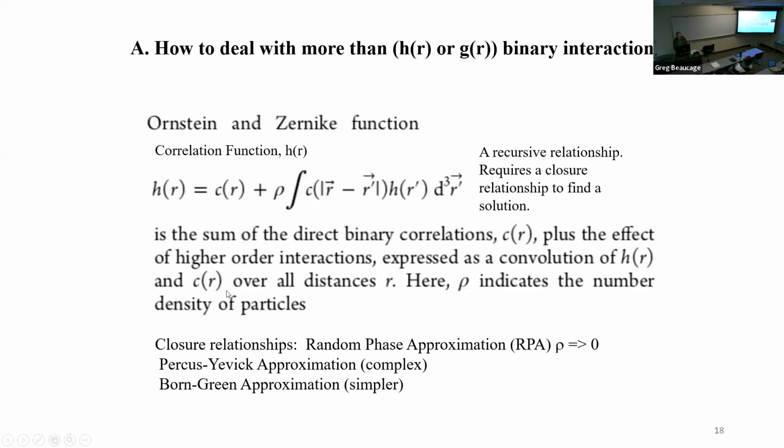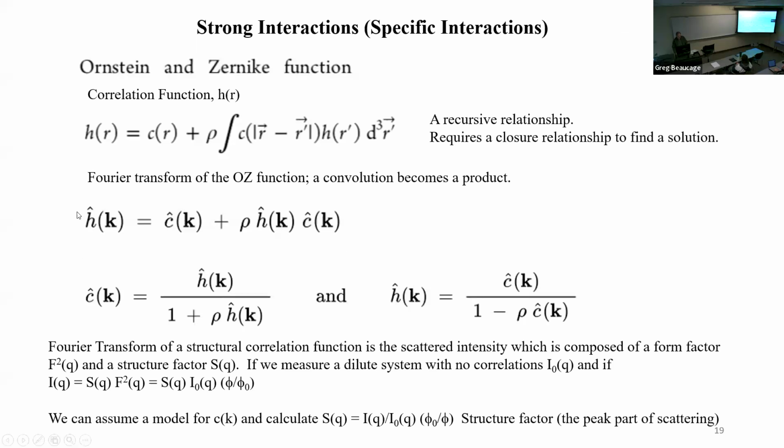So the structure factor is the transform of the correlation function. You need to get this S of Q. F of Q is what the thing is, and S of Q is how it is organized. Since we're just looking at how it's organized here, you can get this S of Q from the measurement, and that would be the same as this Fourier transform of the H of R thing. But when you Fourier transform an integral, it becomes a multiplication. So you can write a solution to this integral equation in an algebraic form if you Fourier transform everything.